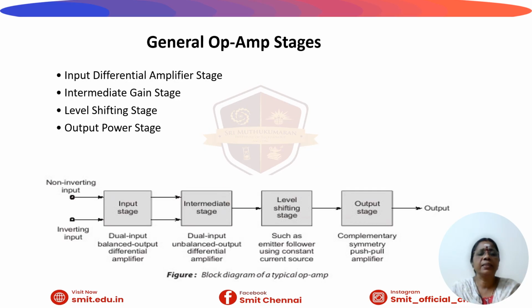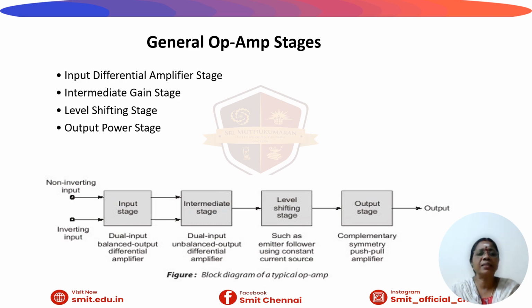Let us see the description of general op-amp stages, which is the internal block description of an op-amp. It consists of four stages: input differential amplifier stage, intermediate stage, level shifting stage, and output power stage.